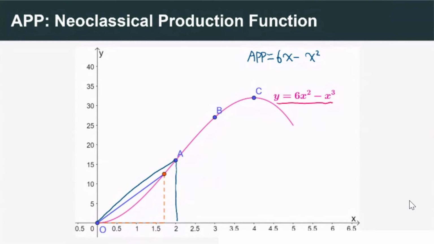So here I have 3 points, A, B, and C. You can make a guess which one has the largest APP. And I'm going to use an animation graph software to show you how to get APP and to illustrate the difference between a linear and nonlinear function and what its APP curve is like.